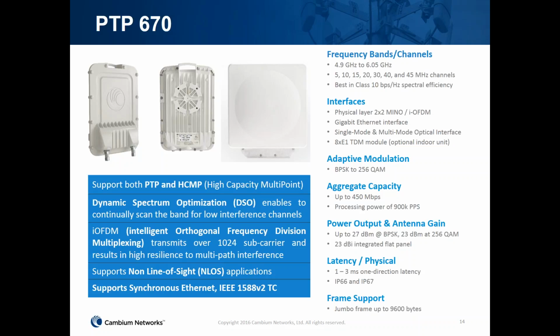DSO basically enables continuously scanning the channels for low interference channels and keeping track of them. iOFDM is also a similar feature where it transmits over 1024 subcarriers, resulting in high resilience to multipath interference. It also supports non-line-of-sight applications, and it has SyncE and IEEE 1588 timing.